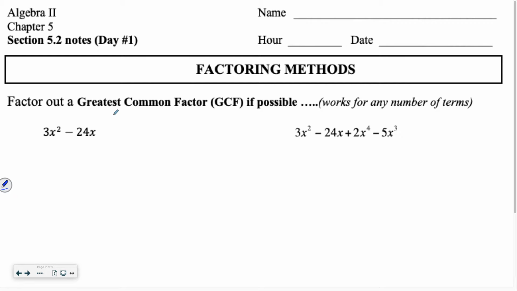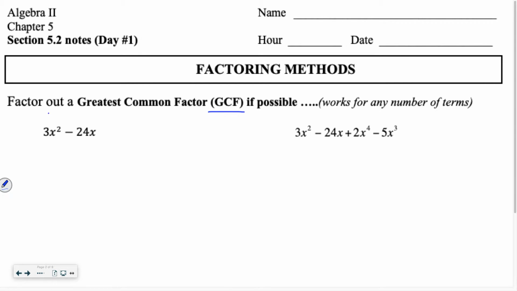So as we get started, the first method is the greatest common factor, which we'll refer to as GCF. We look to do this every time right away if it's possible. So like in the first example on the left, the greatest common factor is the biggest number you can divide both terms by.